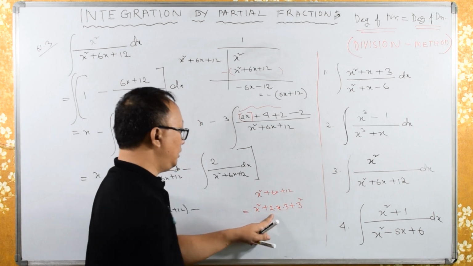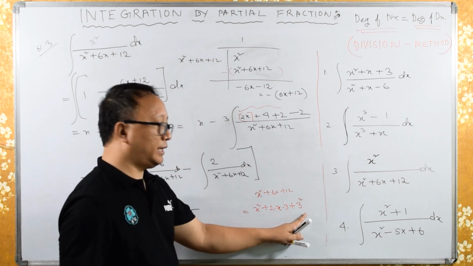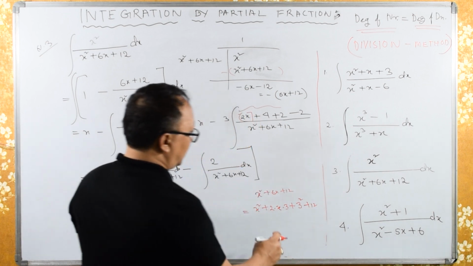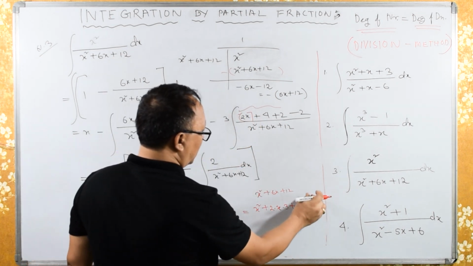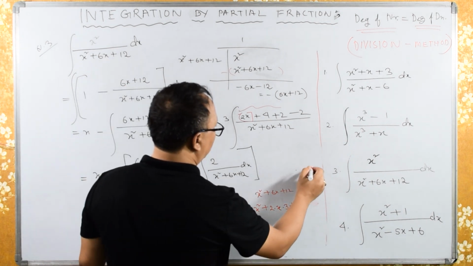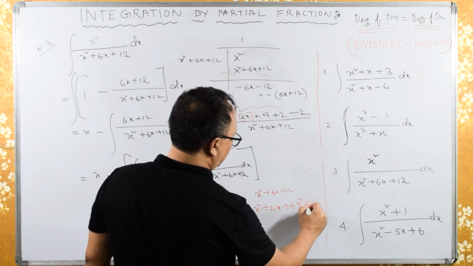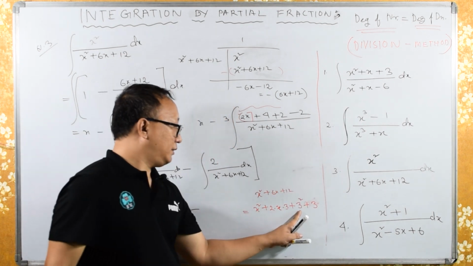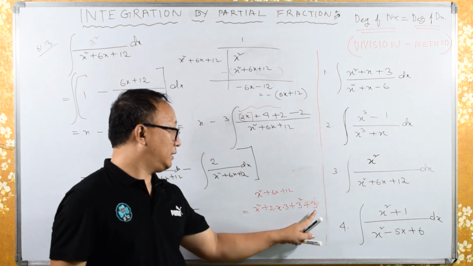Here 2 into x into 3 is 6x, and 3 square is extra. Plus 12. 3 square is 9, and in order to get 12 we add 3, so plus 3 is c.